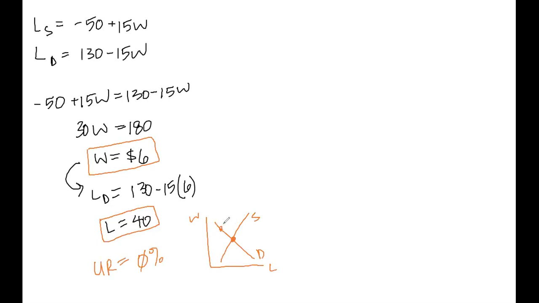Unemployment is usually when we are at a wage that's above equilibrium, and it would be denoted by this difference here. That would be unemployment, or the amount of people unemployed. But again, this problem asks about the unemployment in equilibrium, and we know that since the market's in equilibrium, the unemployment rate is 0.